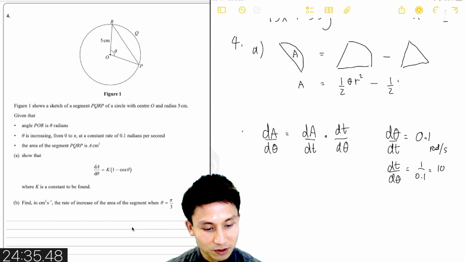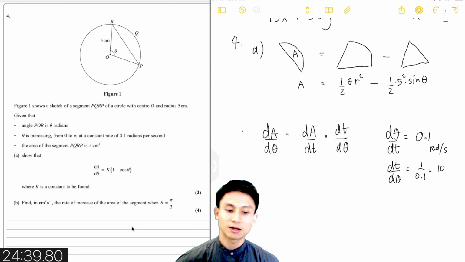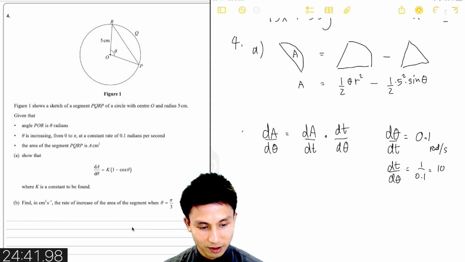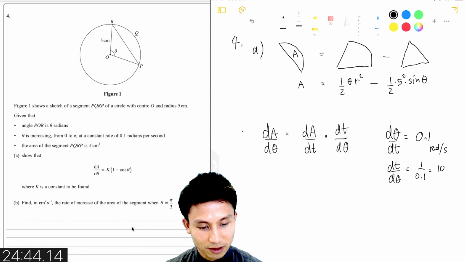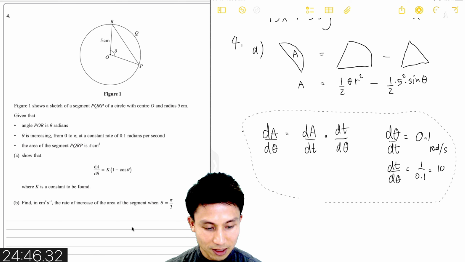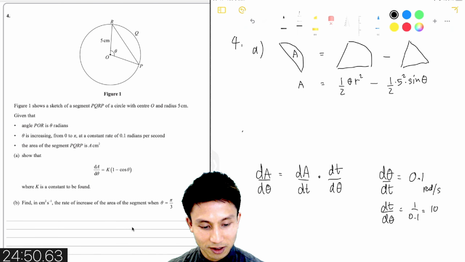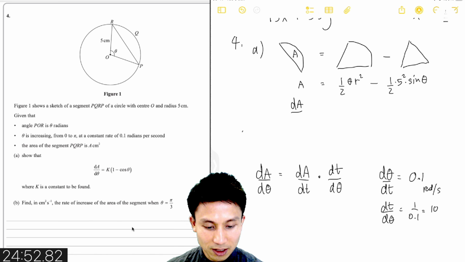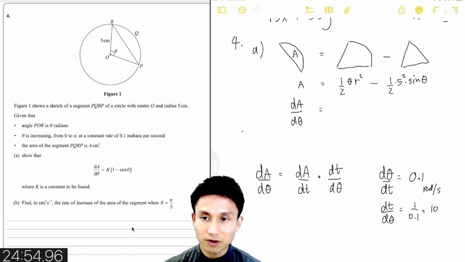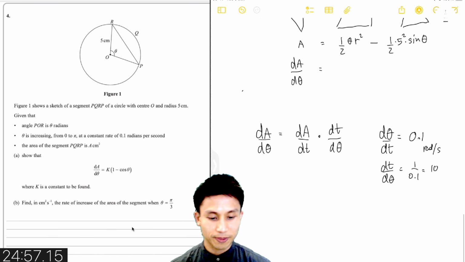So half times 5 squared times sine theta. So that would be the area. It seems like we can differentiate that with respect to theta. So that would be kept later for B. So dA by d theta will just be found by differentiating that expression directly.